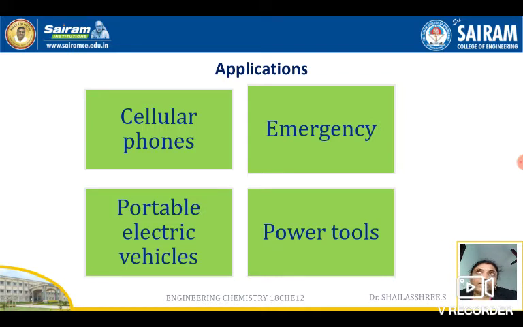This is about the construction and working of the nickel metal hydride battery. The important points to remember here are that the anode is a metal hydride, the cathode is nickel oxyhydride, and the electrolyte is potassium hydroxide. You have to write a diagram: anode and cathode separated by a separator, which also serves as a medium for the electrolyte, and both the terminals are connected.